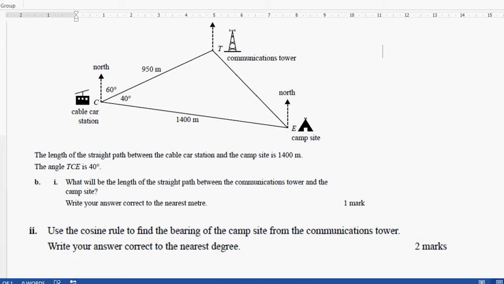The bearing of the communication tower from the car station is 60 degrees, and this angle is 40 degrees. Well, the first question is you want to find this length, the distance. You want to find the length of the straight path between the communication tower and the campsite.